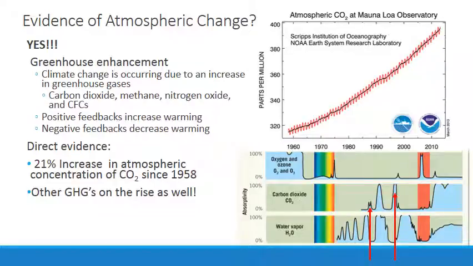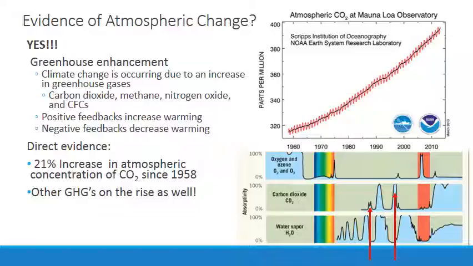Is there real evidence that the composition of the atmosphere has been changing over the last 60 years? Yes, there absolutely is that evidence, especially with regard to carbon dioxide. Measurements recorded at NOAA's Mauna Loa Observatory document an increase of 82 parts per billion in the atmospheric CO2 concentration since 1958.